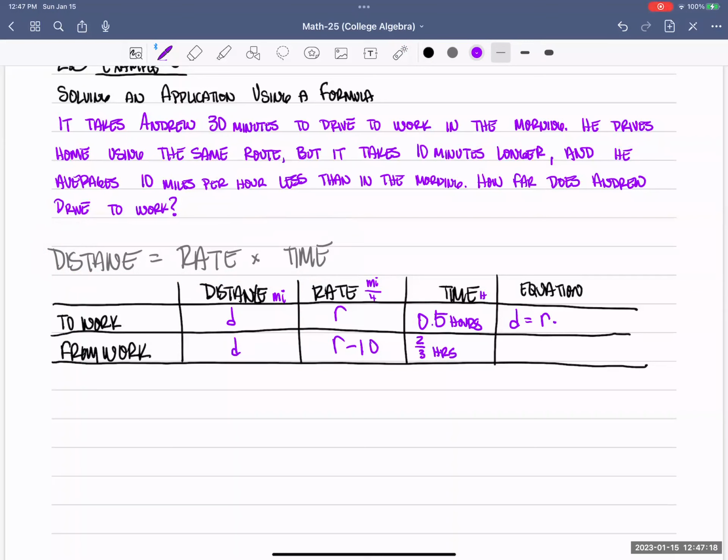actually we could see exactly what this is. So you could see, and this is going to be in miles. So setting these up, we have our rate in miles per hour, that's our unit, times 0.5 hours.